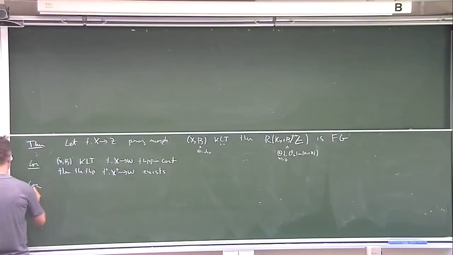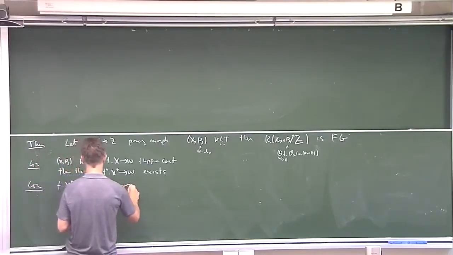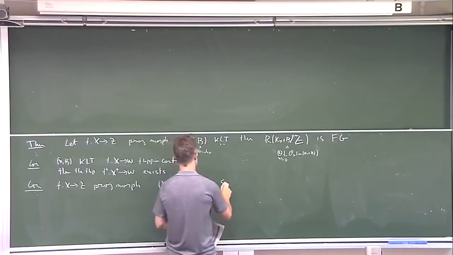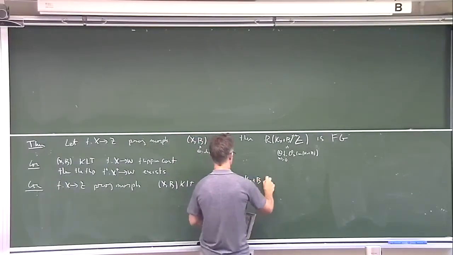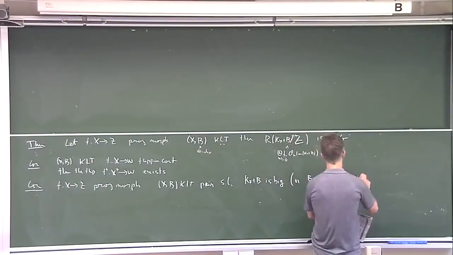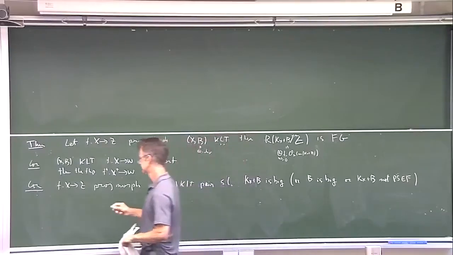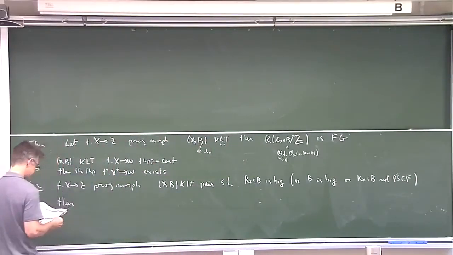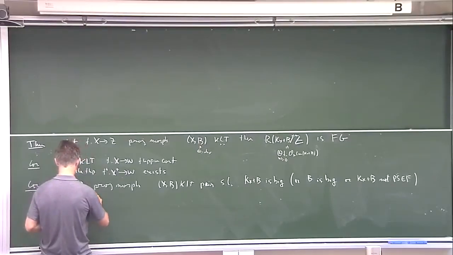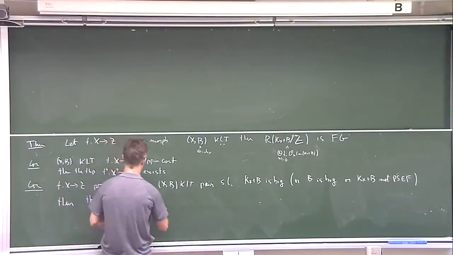And another corollary, it's not a trivial corollary. So if we have f from X to Z, some projective morphism, and (X,B) a KLT pair, such that K_X+B is big, or B is big, or K_X+B is not pseudo-effective, then there is a minimal model program that terminates.